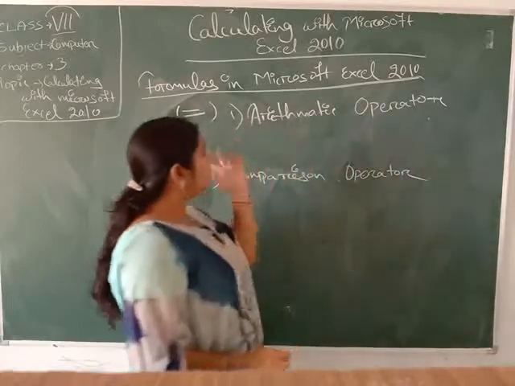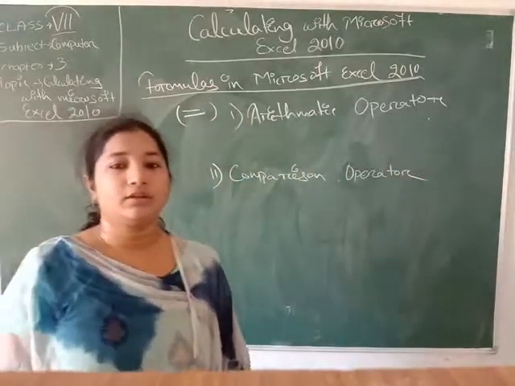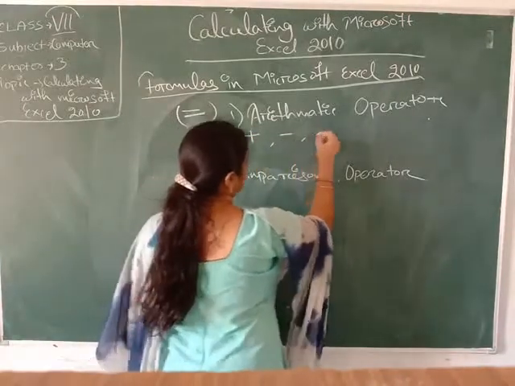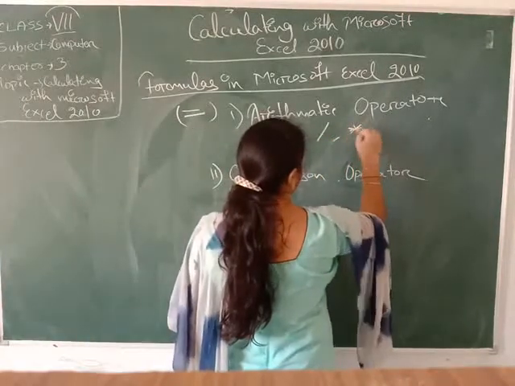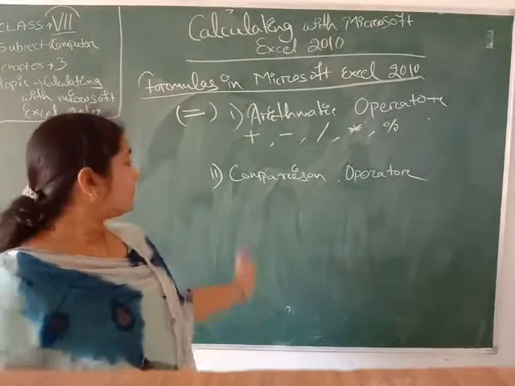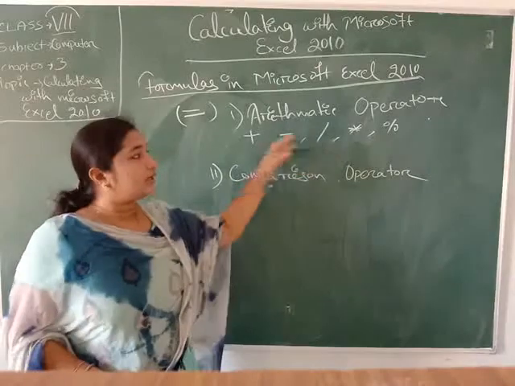So what are those under the arithmetic operator? We know we are using these signs, this sign, this sign, this and this. So these five go under the arithmetic operator.